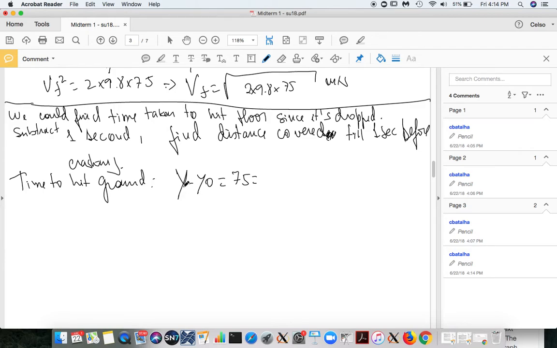In fact, it's negative 75 because the initial position is 75, right? So the final is 0, and this is 75. So negative 75 is negative 4.9 t squared.